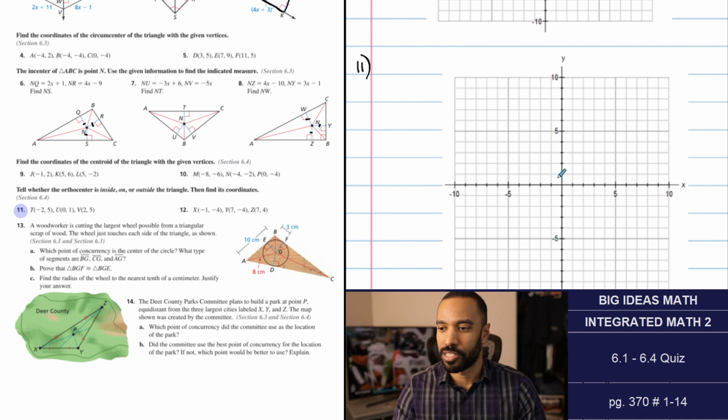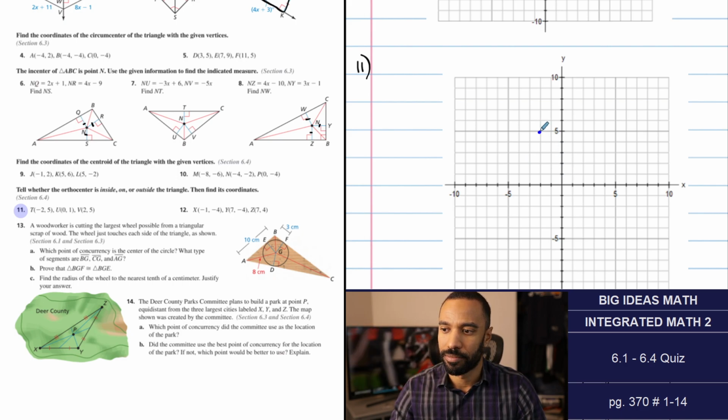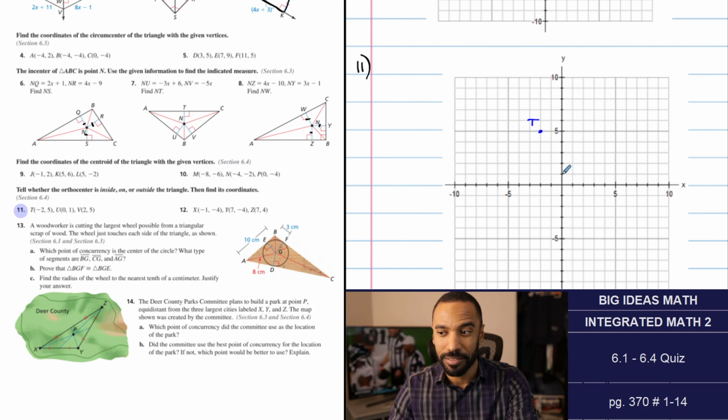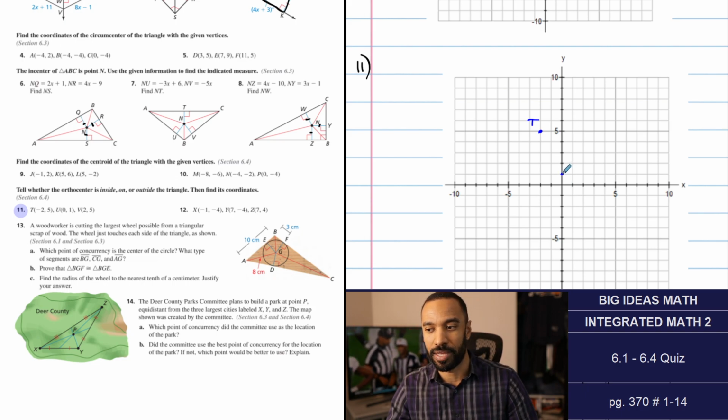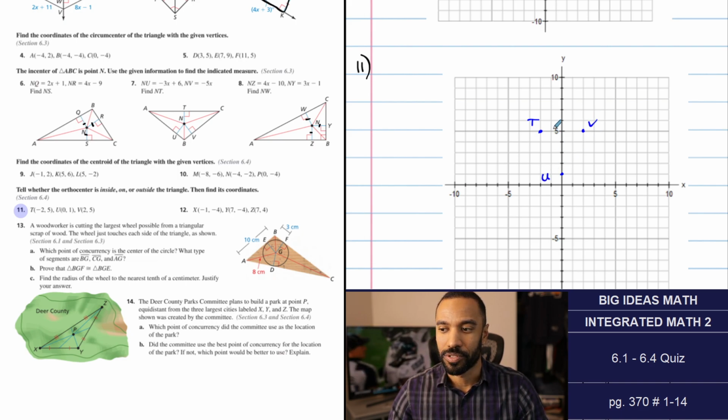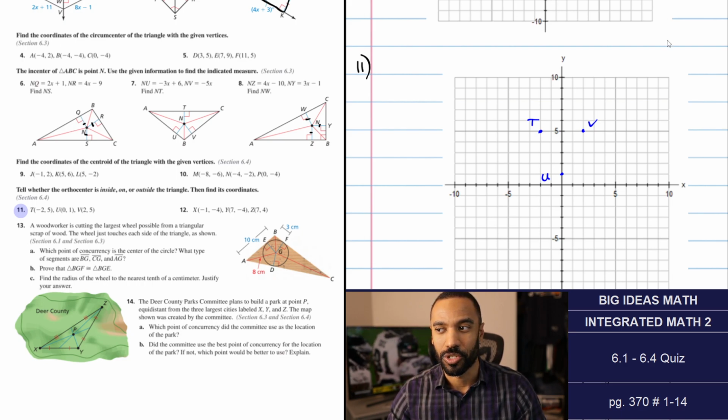So here we've got a T at -2,5. By the way, the orthocenter has no real larger purpose other than being called that, and meaning that altitudes still have points of concurrency for a triangle. It's a cool fact of life, but it can tell you whether a triangle is obtuse or acute, based on whether the orthocenter is inside, on, or outside the triangle.